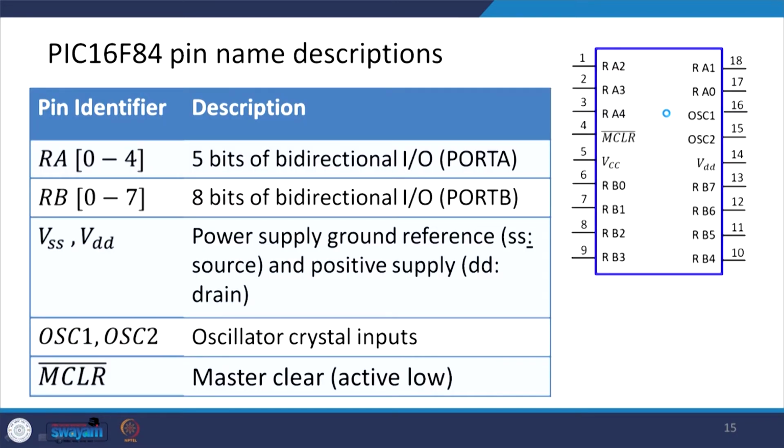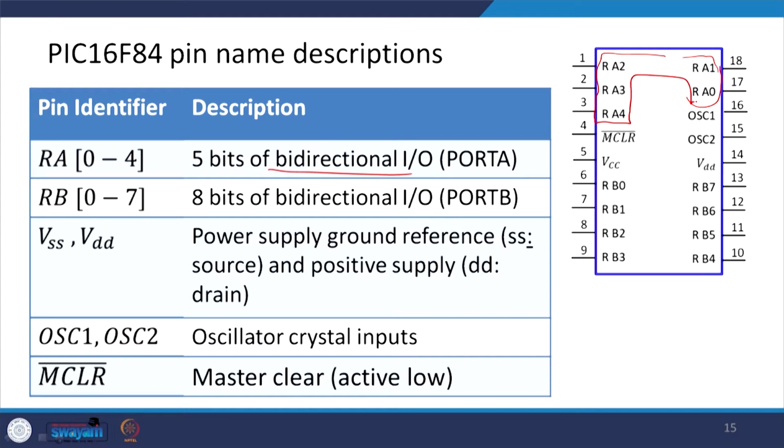Now, here if you look at it, there is a 5 bit bidirectional input output port which we call port A. So, this is port A, RA0, 1, 2, 3 and 4.